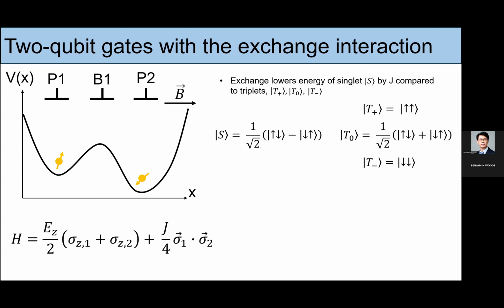Hopefully you have seen this in elementary quantum mechanics, where the spin singlet is the antisymmetric version of the spins: spin up, spin down minus the reverse. And then you have these triplets, which correspond to spin ups, spin downs, and up, down plus down, up. You should know that if there's no magnetic field, then these triplets are completely degenerate, and this exchange energy just lowers the spin singlet compared to these two triplets.